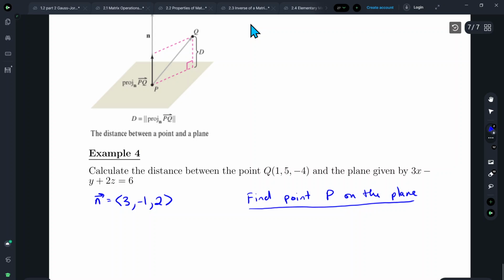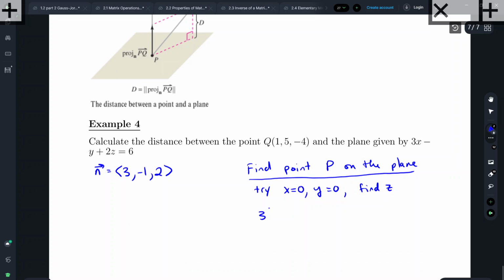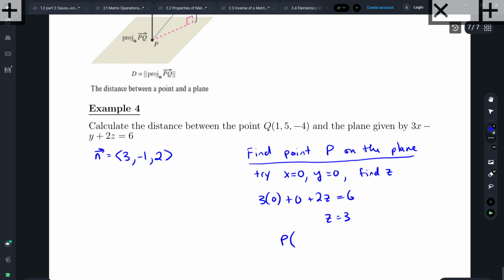So we try, say, x equals 0, y equals 0, and then find the z coordinate from there. So what do you get? 3 times 0 plus 0 plus 2z equals 6. So you get z is equal to 3. So we can take as the point P coordinates (0, 0, 3).